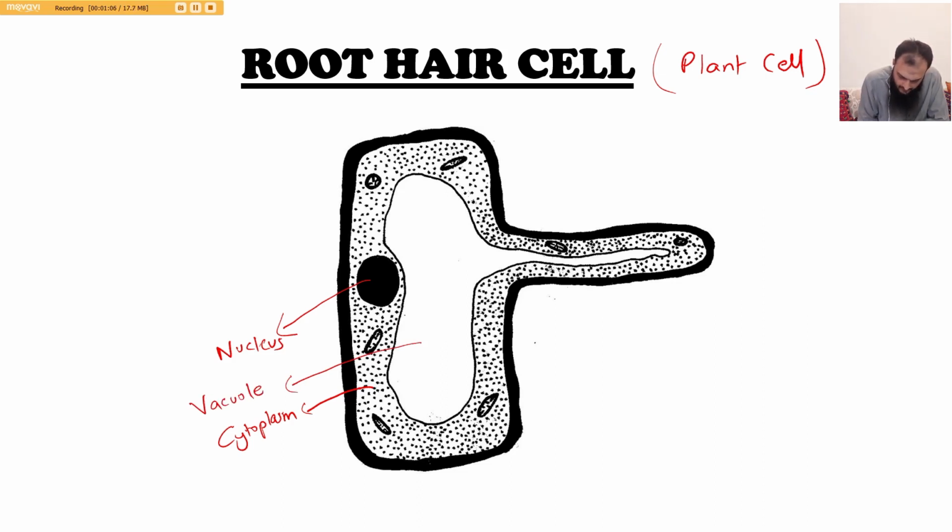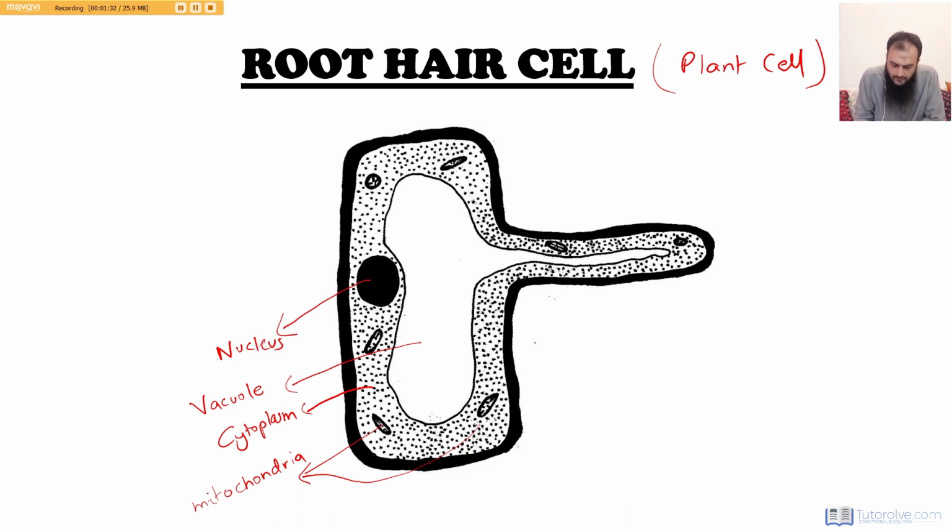And then you can see lots of these organelles. All of them are mitochondria. Remember, the root hair cell needs a lot of mitochondria. And the reason for that is that it has to release a lot of energy, which of course is coming from the process of respiration which happens inside the mitochondria.